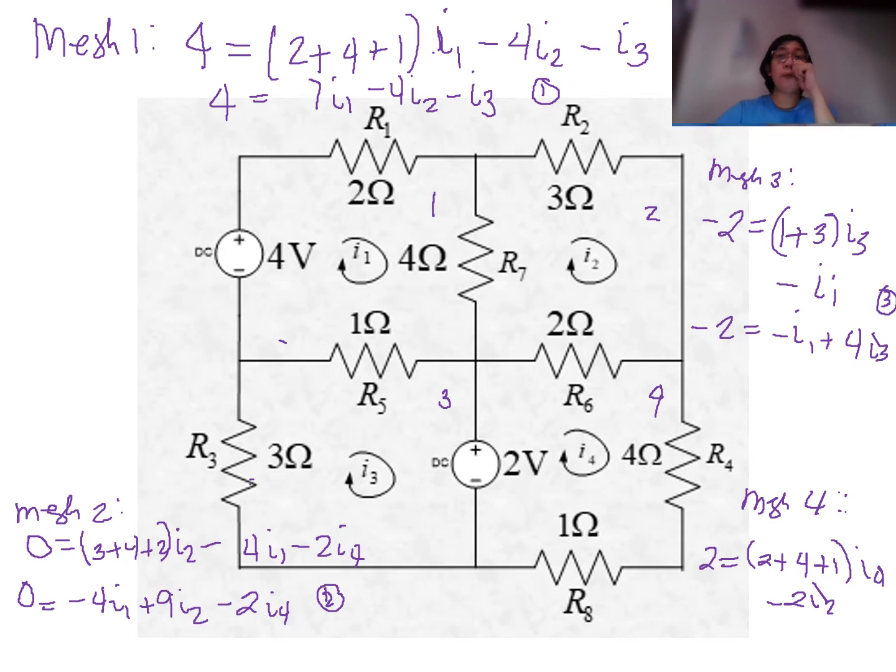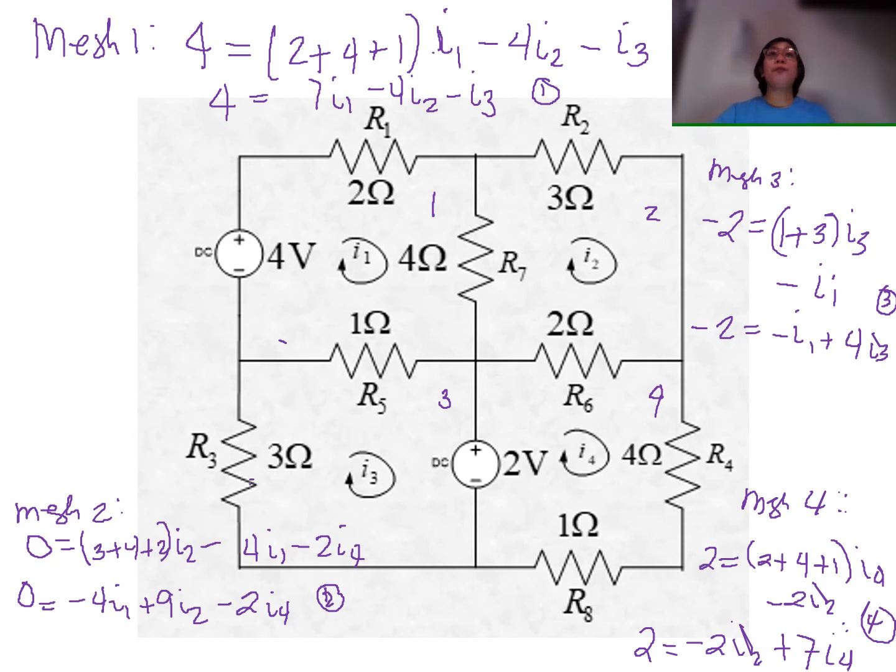So simplifying for our fourth equation, that will give us 2 is equal to minus 2 I2 plus 7 I4.